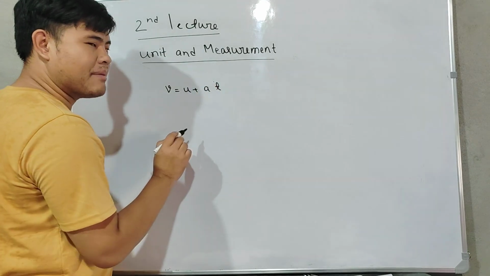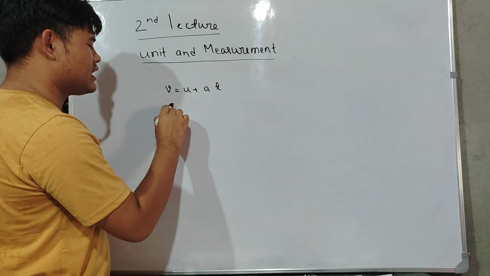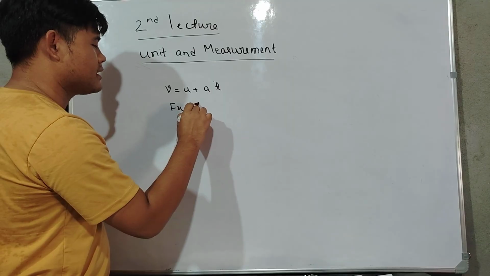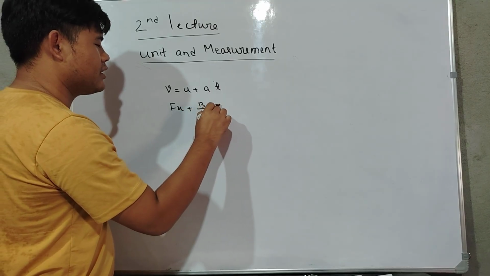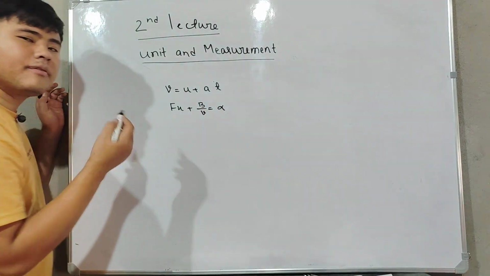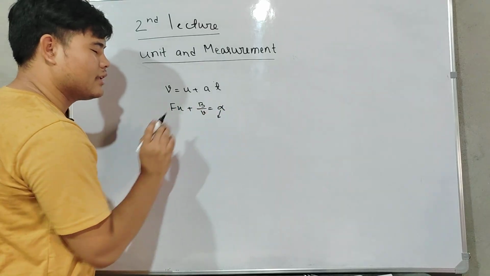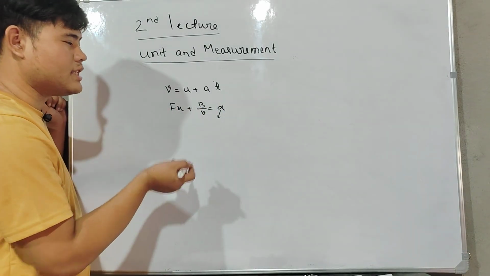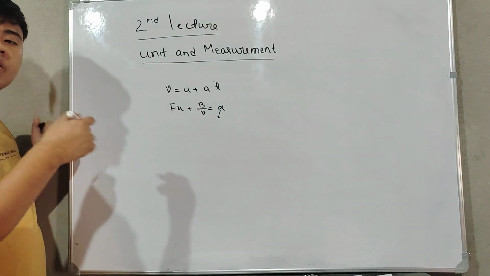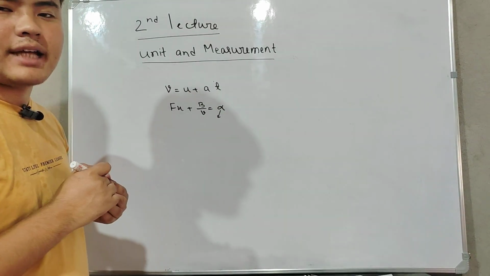Now how will we find the dimension of this a? Suppose it is given (fx + b)/b = alpha, and the question asks us to find the dimension of alpha. When this type of question comes, how can we derive the dimensions?